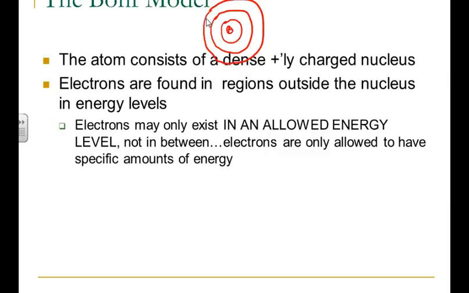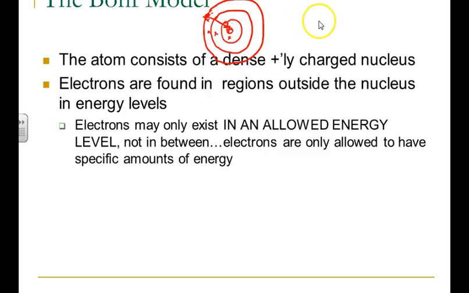But according to Rutherford, an electron could exist anywhere in this space. So it could exist in this orbit, but it could also exist here or here or here.